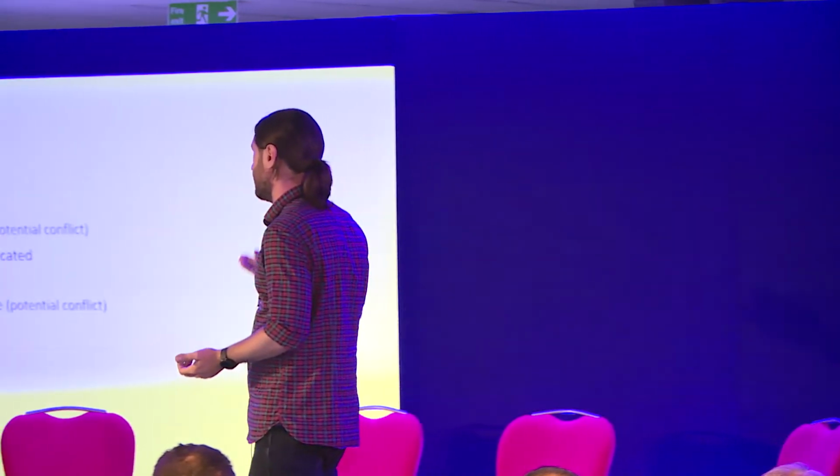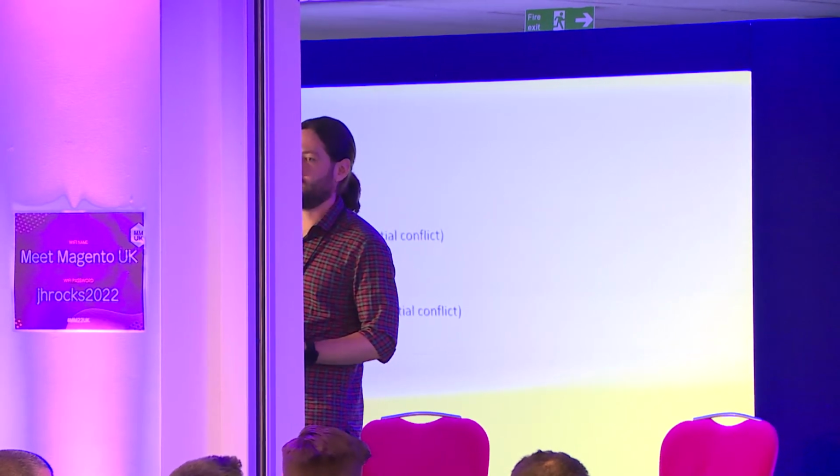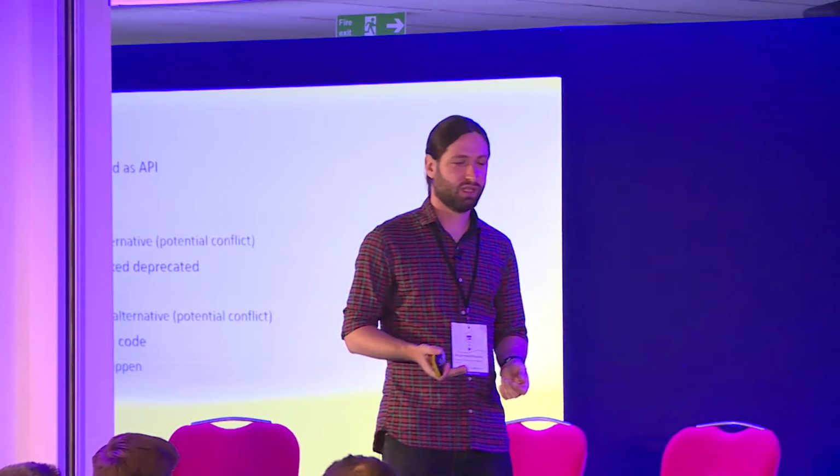There is lots of code written for Magento and custom projects that is not using the API of Magento, that is working around the API using code that is not marked as API. And the problem with this is, first of all, Adobe Commerce cannot guarantee that this code will not change or will not be removed in the next release.